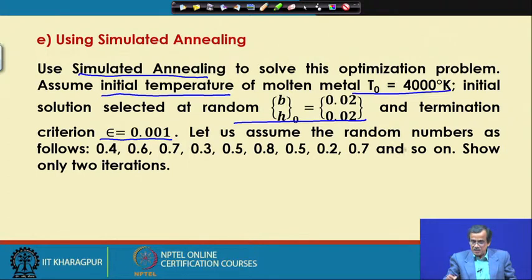Now, let us assume the following random numbers, because while working with the iterations I will have to use these random numbers several times, and I am going to show only 2 iterations of how to proceed with this algorithm to determine the optimal solution.